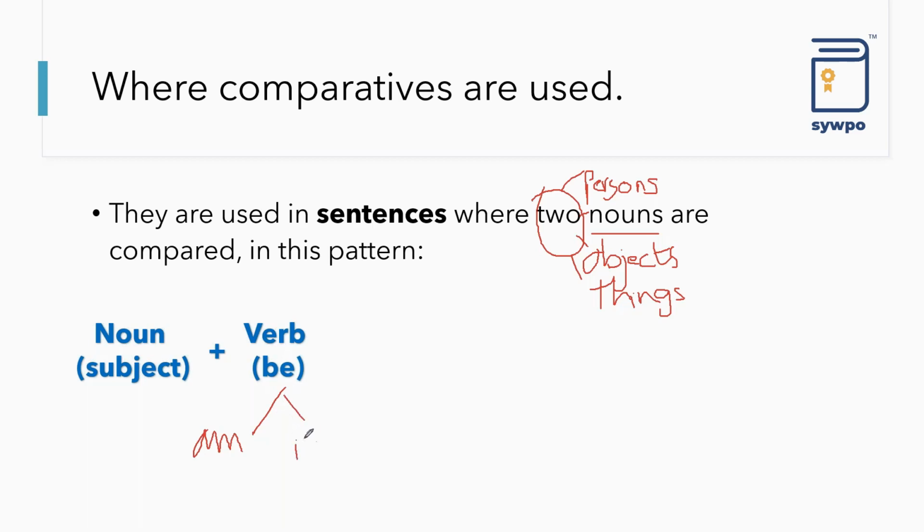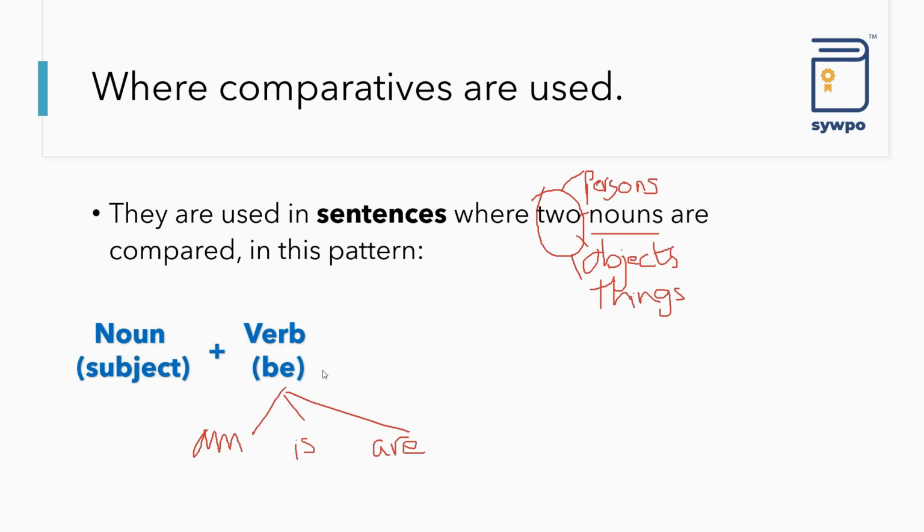Am, is and are. So the be verbs are necessary when you compare two things. What you do is you write the noun first, then the verb, which is am, is, or are.